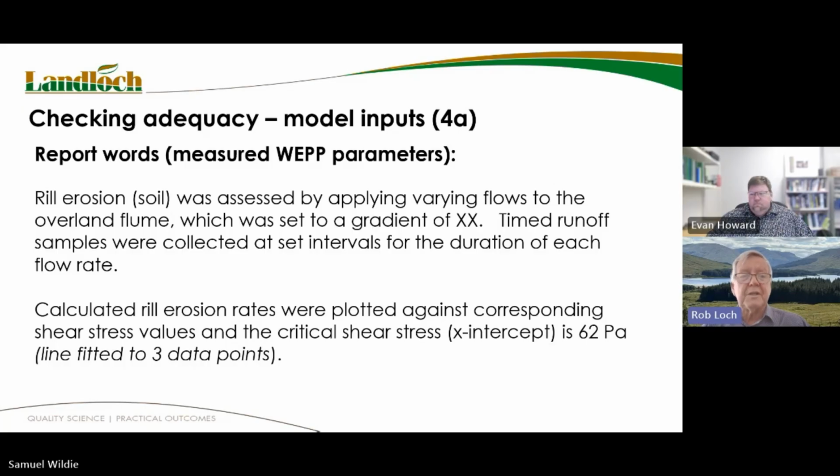So now we look at one, and here we go, measuring rill erosion, assessed by applying varying flows to the overland flumes, which are set to a gradient, runoff samples. Calculated rill erosion rates were plotted against shear stress values. Yes, that's common. And the critical shear stress is 62 pascals, line fitted to 3 data points.